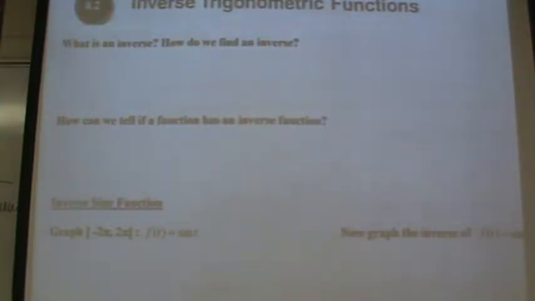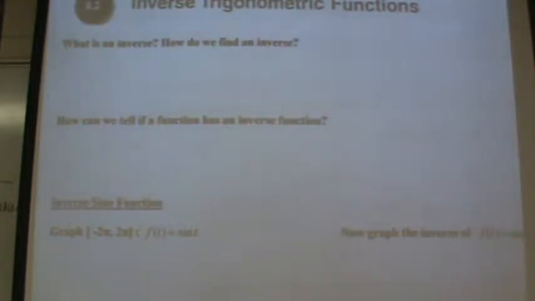If you didn't understand how the unit circle was broken up and how it related to the triangles, your 45-45-90 and your 30-60-90, you're going to need to work on that. This chapter is very heavy on the unit circle and the triangles. So make sure that you know those.